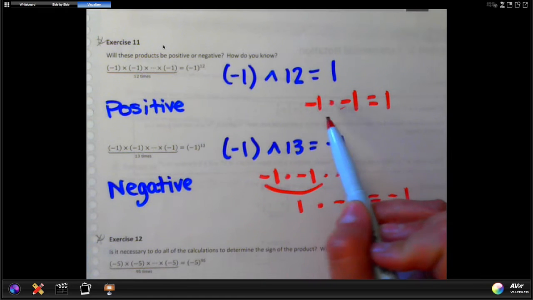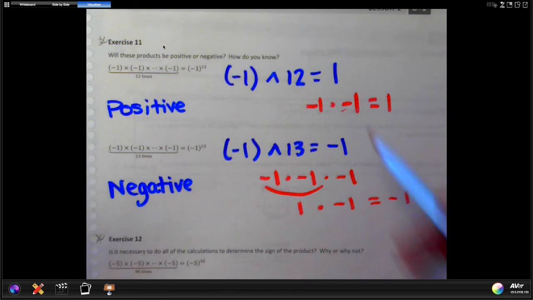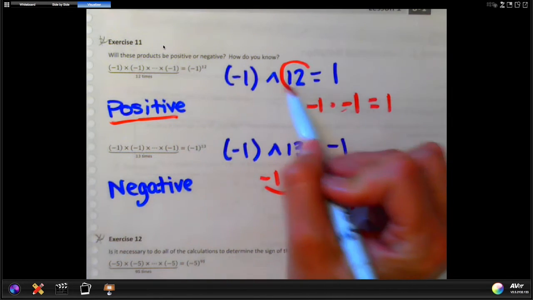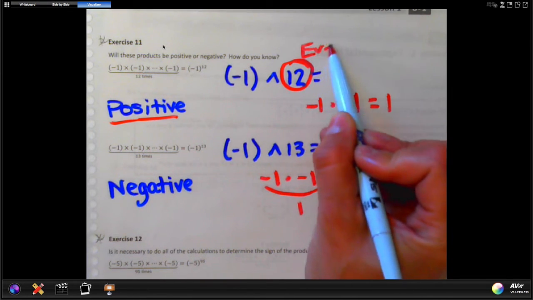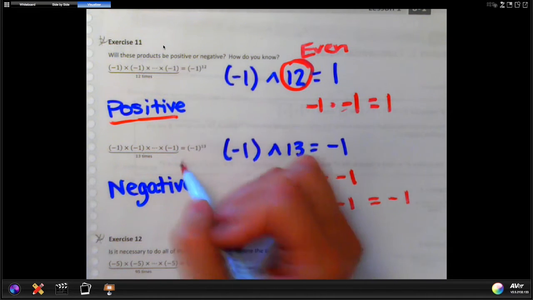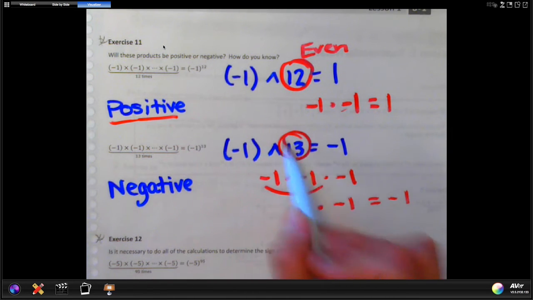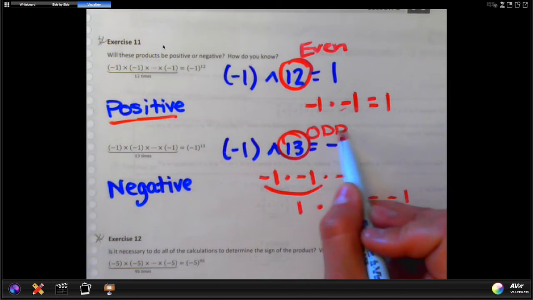So here's the thing. 2 negatives will cancel out and make a positive. But if you have this extra one, then it's going to make it negative. The reason that this one is positive is because we have an even exponent. The reason that this one came out negative is because we had an odd exponent.